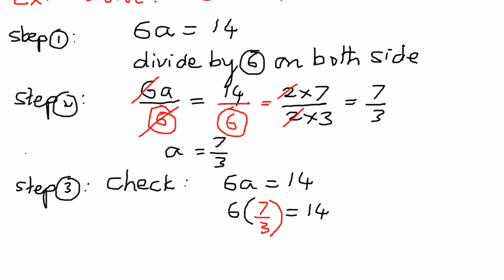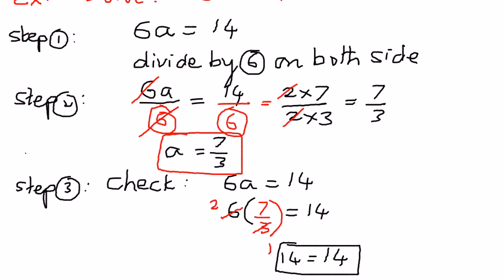When we simplify this, 3 times 1 is 3, 3 times 2 is 6, so 7 times 2 is 14. That is the value on the left hand side, and the value on the right hand side is 14. Therefore the value we have arrived at for a, 7 over 3, is exactly correct.